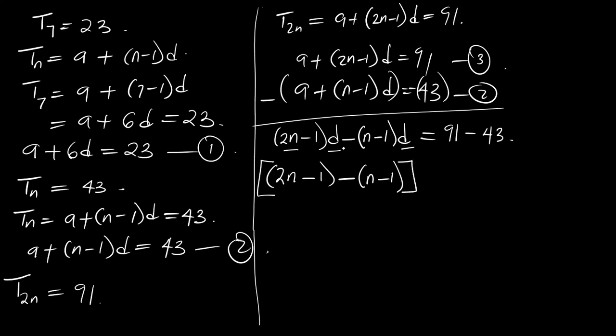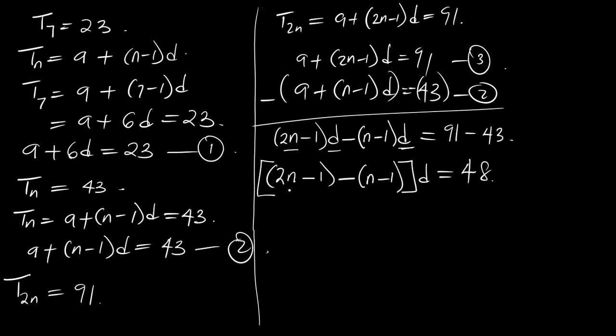Cover it. This is a common thing, so we remove it, and here now is D. So 91 minus 43 will give us 48. So 91 minus 43 is 48.